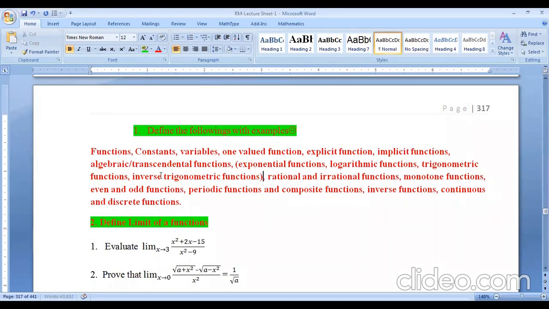There are also rational and irrational functions, monotonic functions, even and odd functions, periodic functions, and composite functions. Then inverse functions, continuous and discrete functions. We will try to define these with examples now.